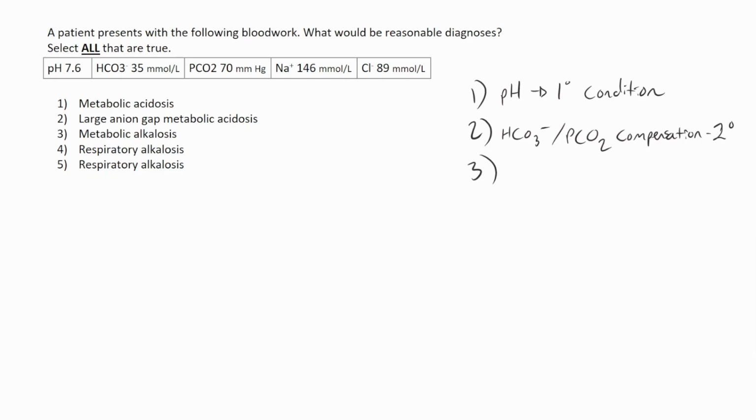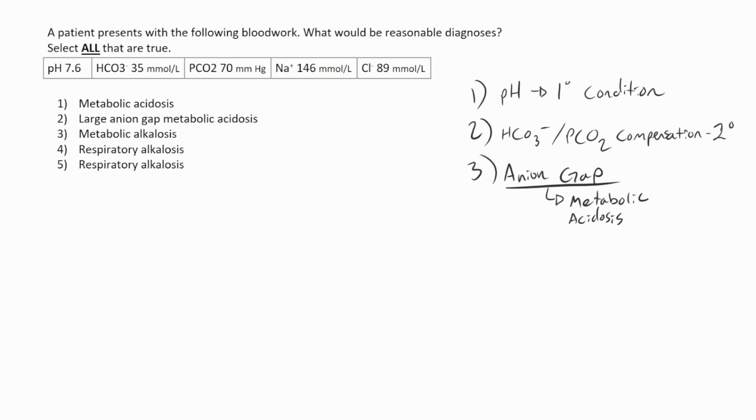The third is your anion gap. An important thing to note is that your anion gap will only give you information concerning metabolic acidosis. It will not give you any other information. But you still need to check it, and this problem exemplifies why.